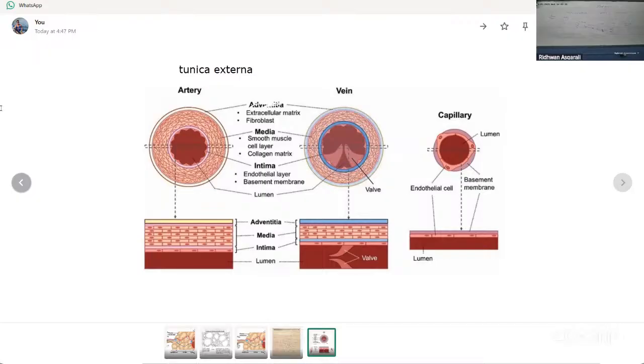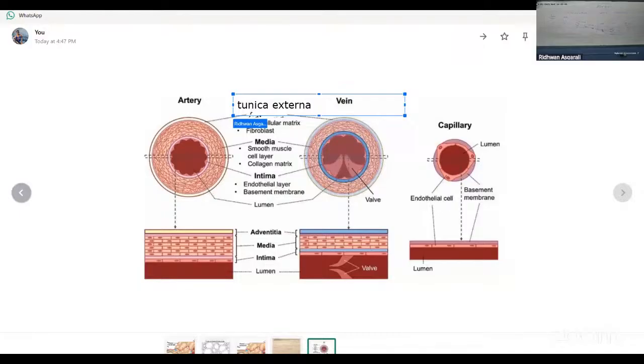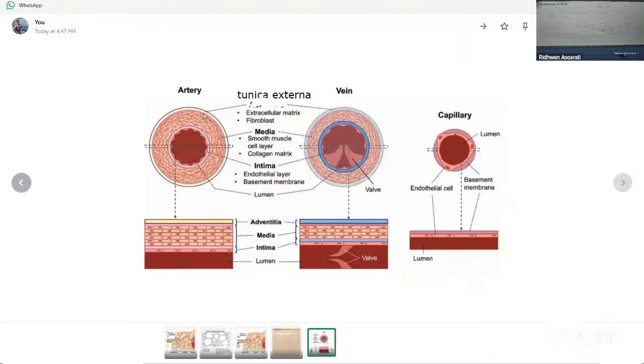So we forget the adventitia, and that outermost layer for both the vein and the artery is called the tunica externa. It's simple to remember because externa means external, the outermost layer. It's that entire white part in the artery that we consider the tunica externa.